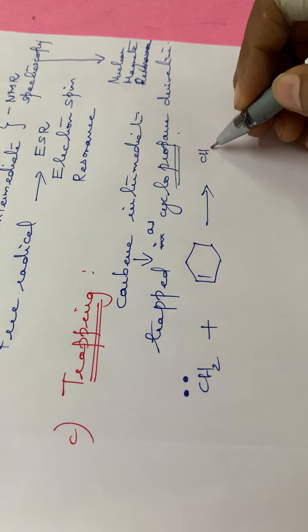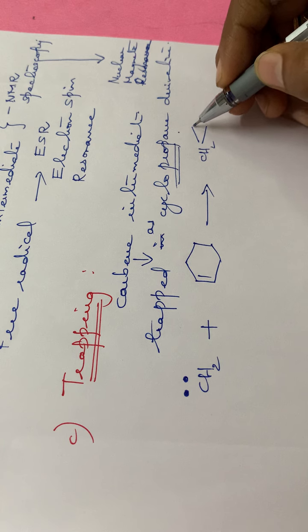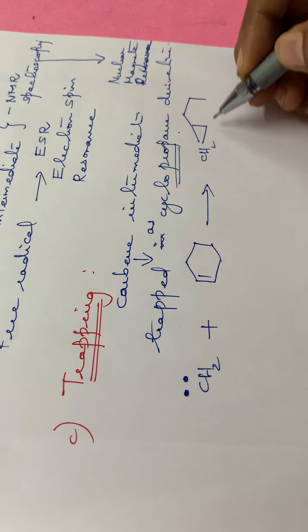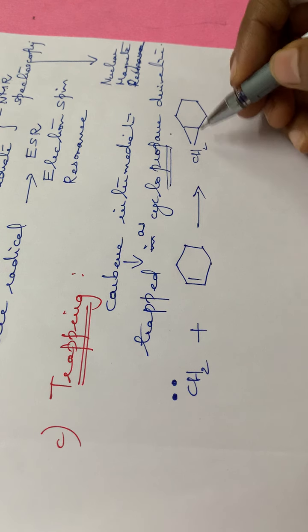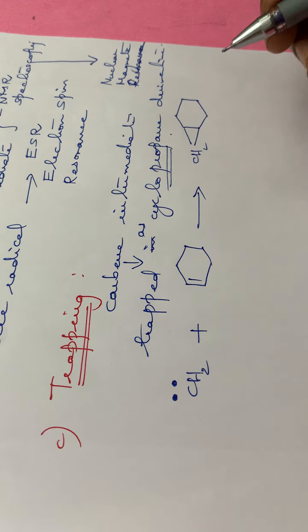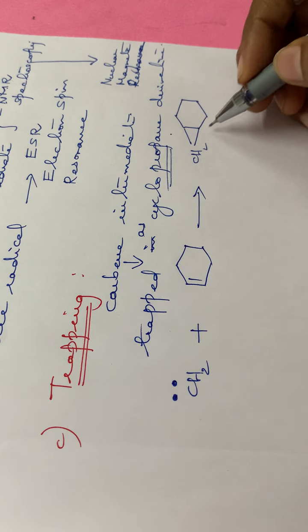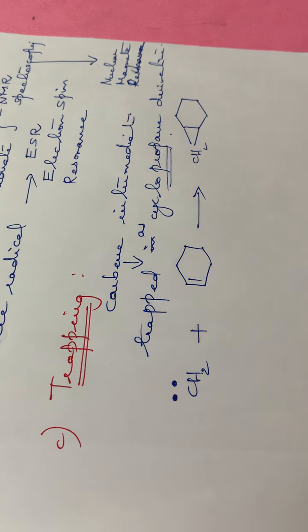So this will be the product. The pi bond will be broken and the CH2 will be added across the pi bond. So this carbene is trapped in this cyclic compound, cyclohexene. So this is one method for trapping of carbene intermediates.